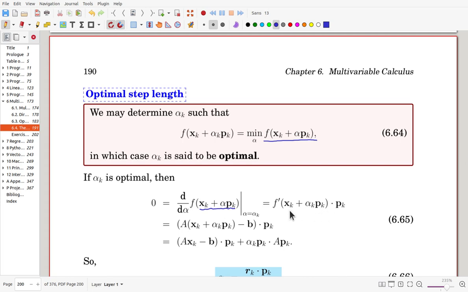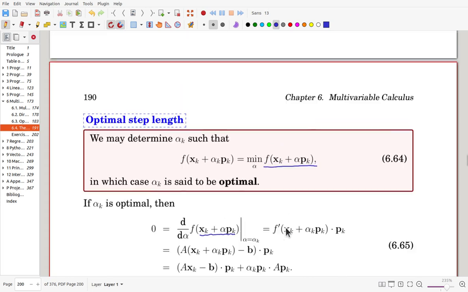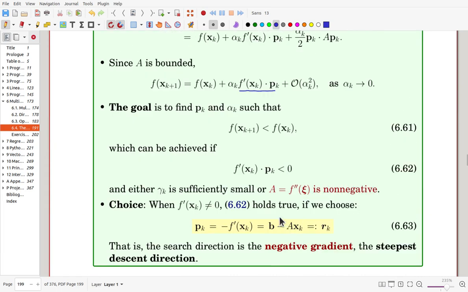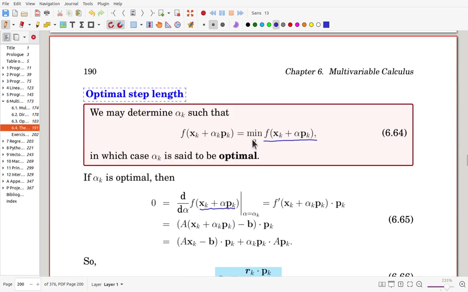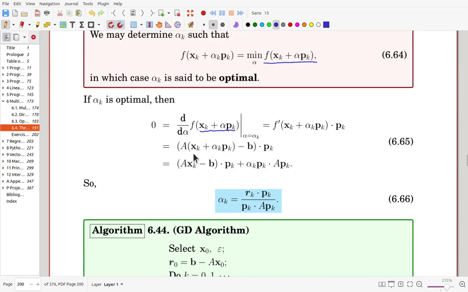Now we use the explicit terms from this gradient. Rather than eta, we put the term x_k plus alpha_k p_k here. Then we have this one. From this we can decide alpha_k.